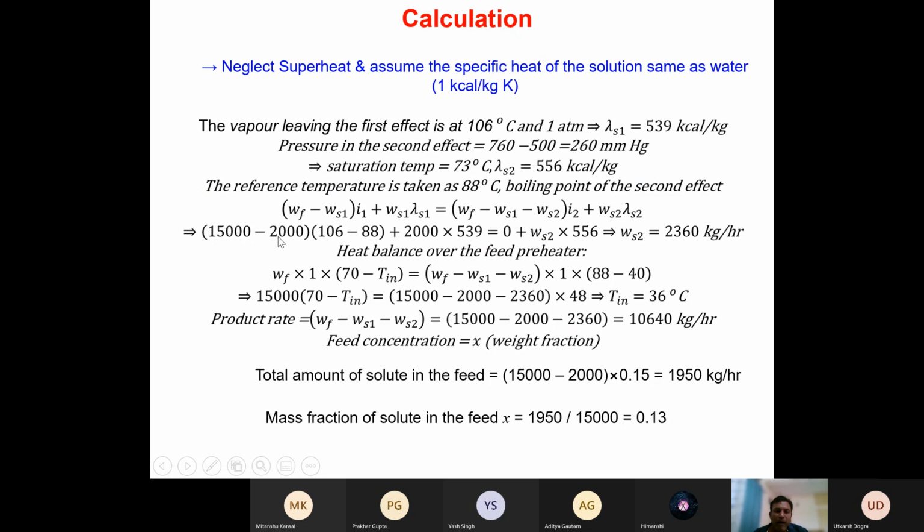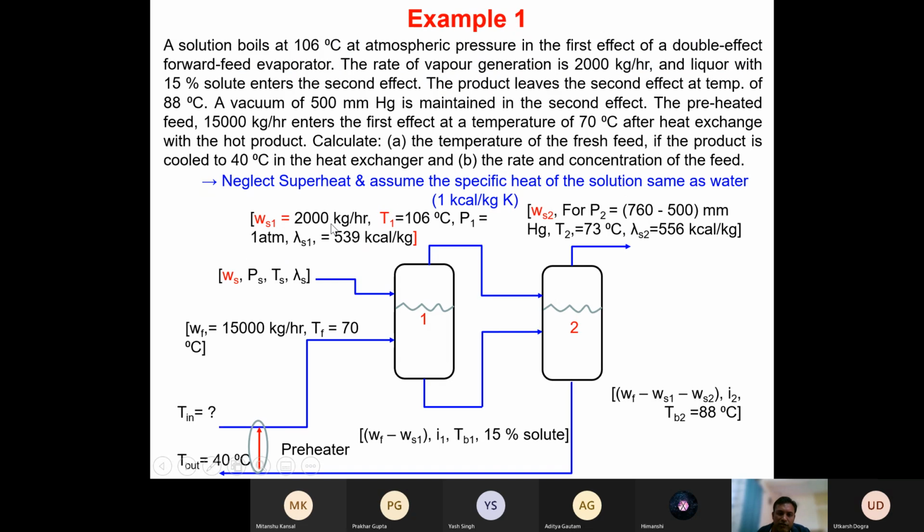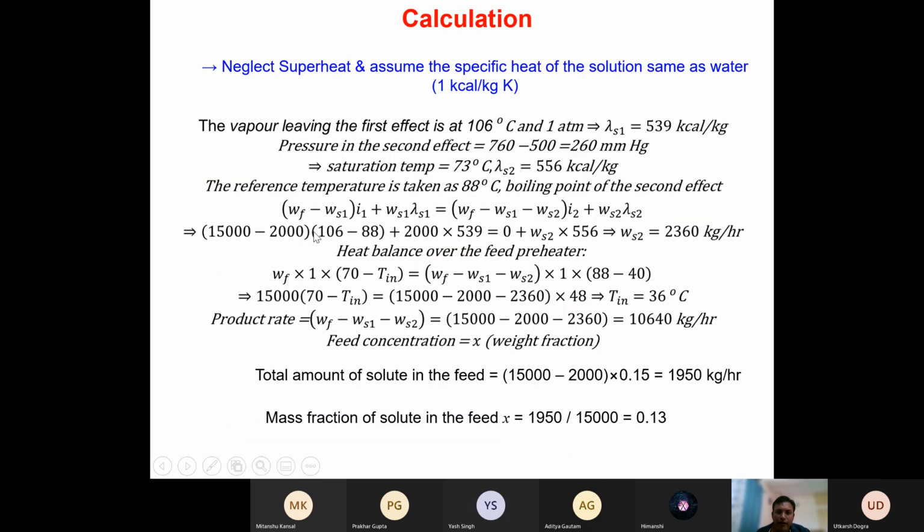Wf is 15,000 minus Ws1, that is 2,000, into I1. I1 is what? Cp dT. In this case we are assuming the specific heat of everything is the same, isn't it?